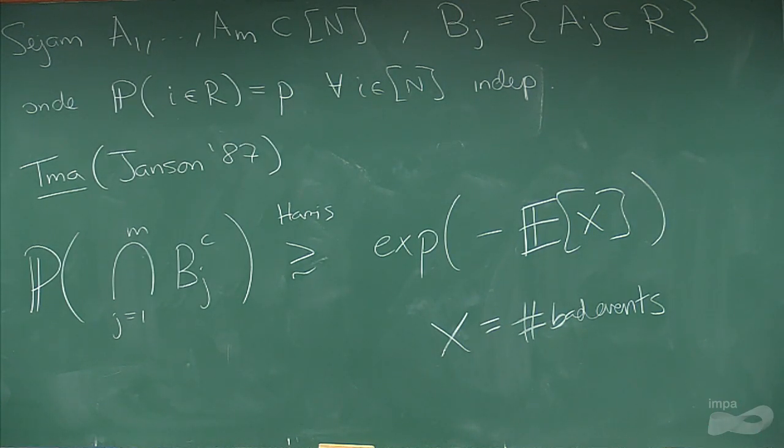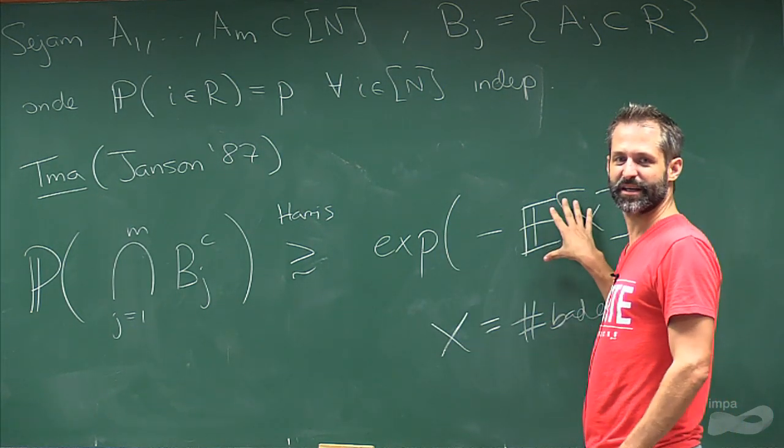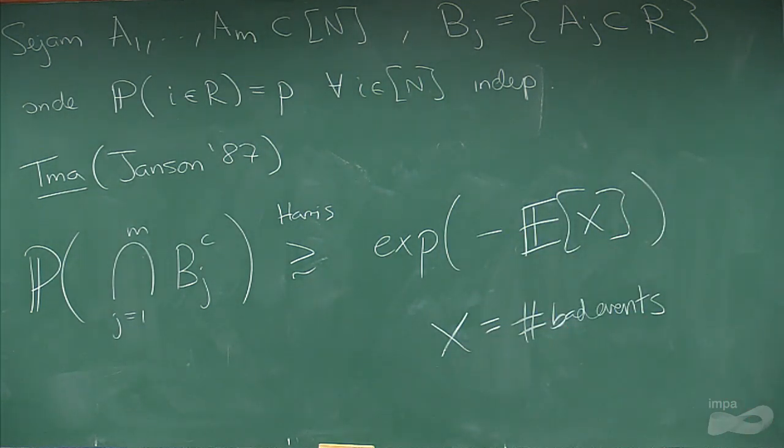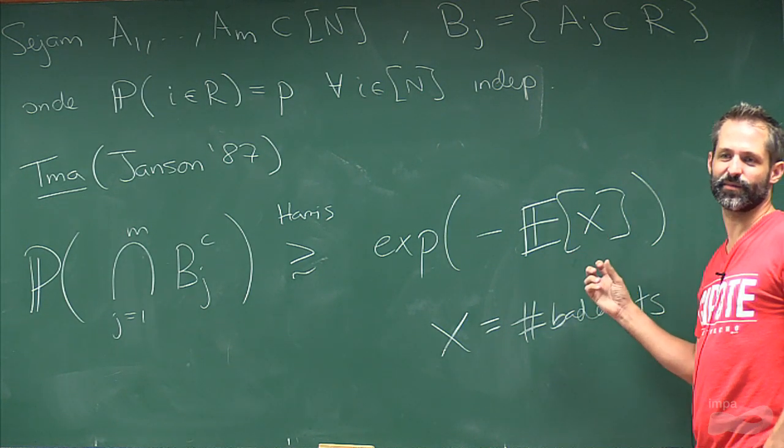Right? So, just by applying Harris and doing some approximation, you can see this is at least e to the minus the expectation, which perhaps shouldn't be so surprising, because this is just the probability of a Poisson random variable being 0, where it has mean the expected value.